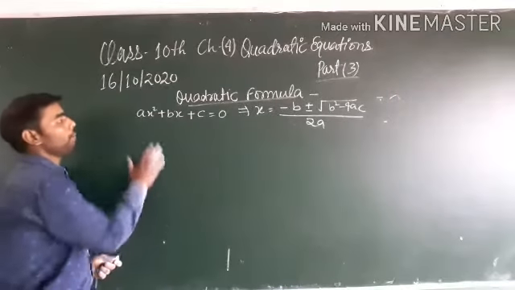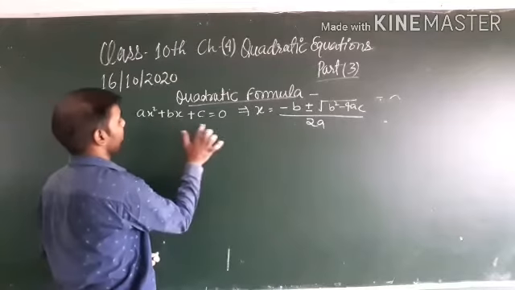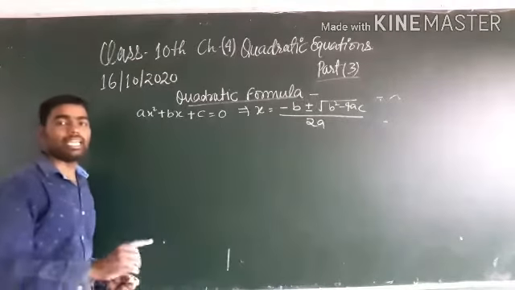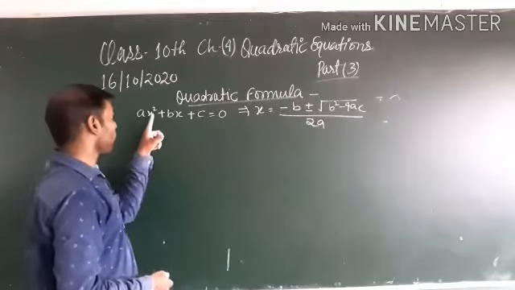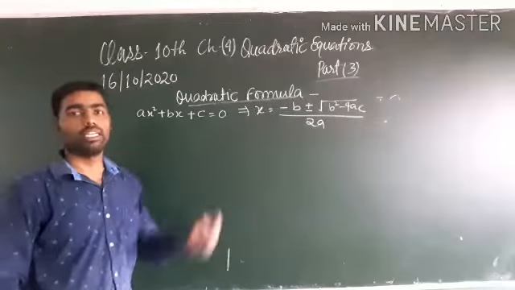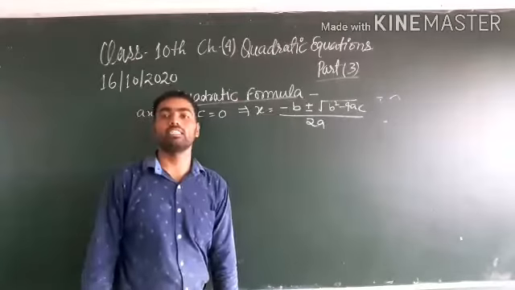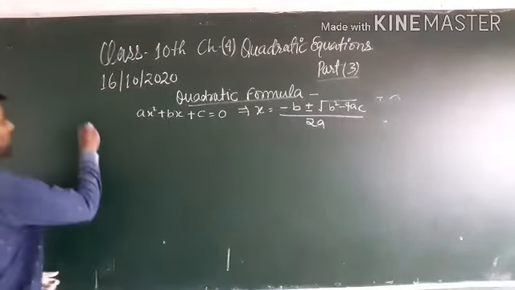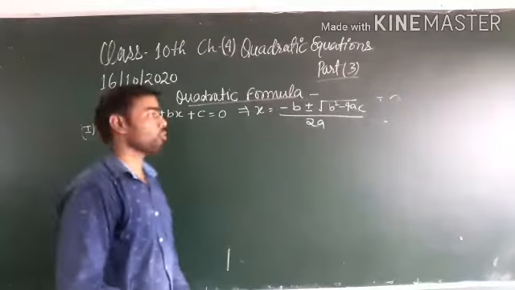So first of all we divide this quadratic equation on both sides by a because we want the coefficient of x square to be equal to 1. This can be formed by the method of completing the square. So the first step is to divide the quadratic equation by a. What we get?